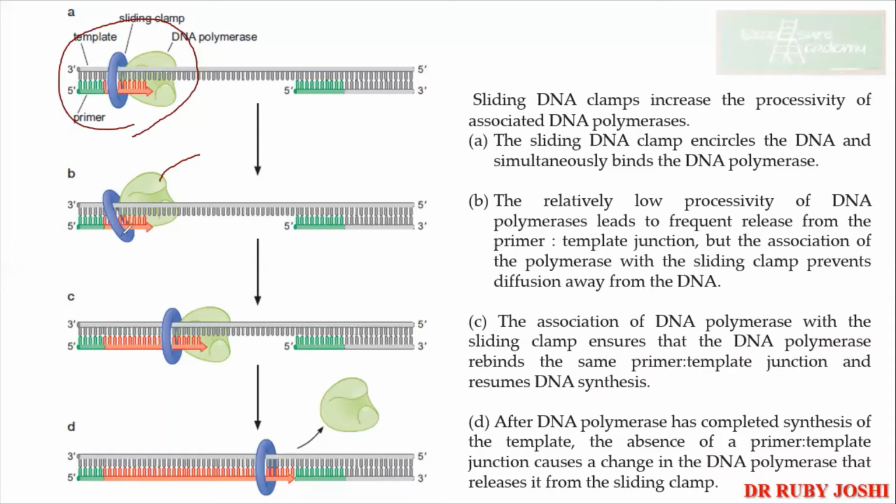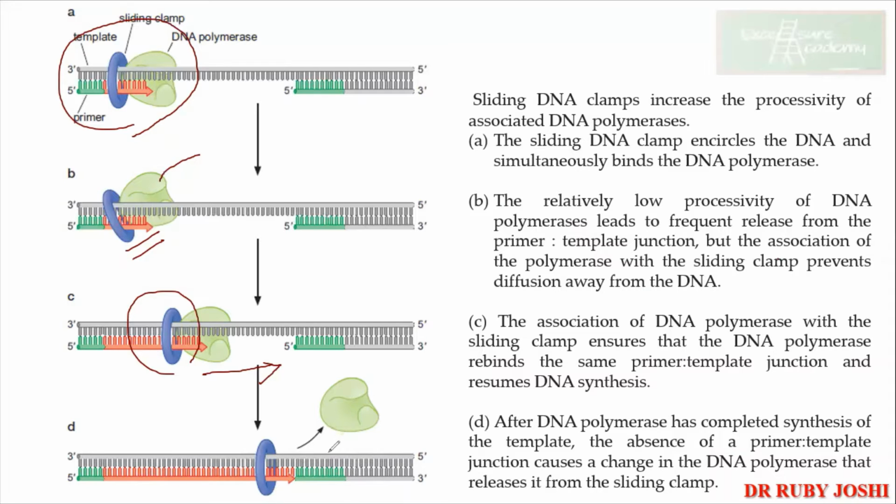Now, since the clamp is keeping the DNA polymerase engaged, through the association of the DNA polymerase with the sliding clamp, it is kept at the same primer template junction, making sure the DNA polymerase completes its DNA synthesis. And as soon as the DNA synthesis is complete, it understands that there is no further gap, right?